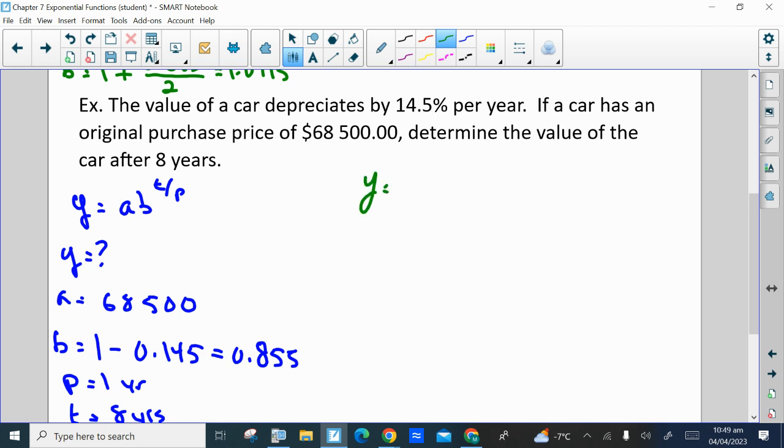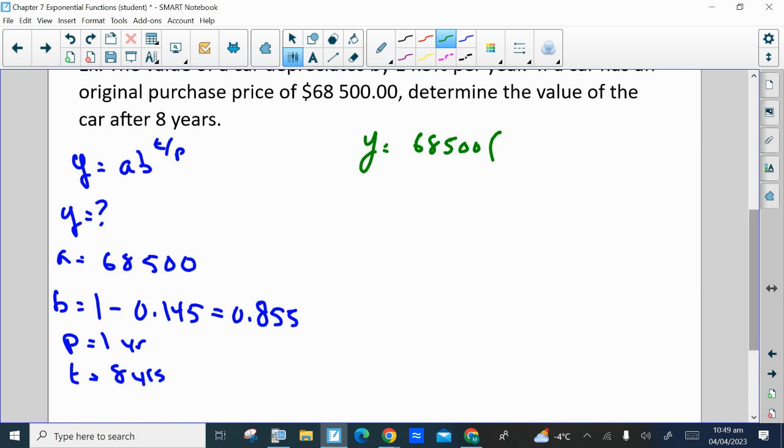So we want to find out what Y is. What is the value of the car after 8 years? Where A, the initial amount, is 68,500. It's a decreasing function, so our base B is between 0 and 1. In this case, it's 0.855 to the power 8 over 1, or to the power 8.